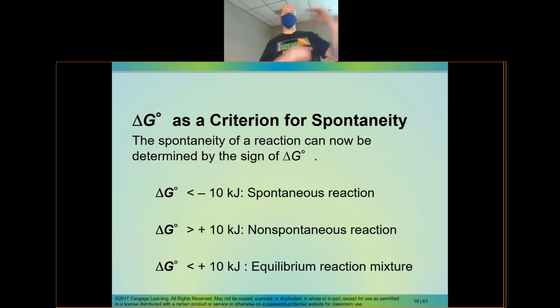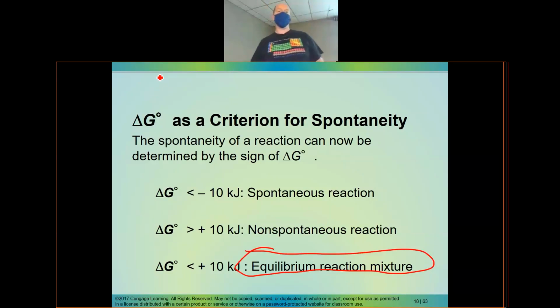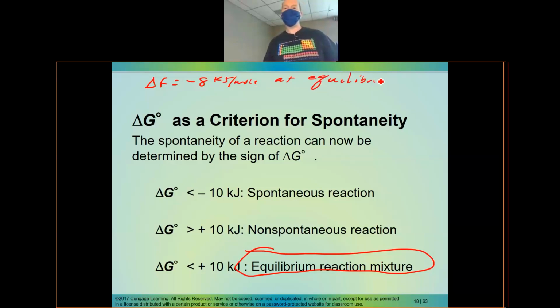If you are between the negative 10 and the positive 10, then you are in equilibrium. All right, so if you calculate a delta G and it is negative 8 kilojoules per mole, this is at equilibrium. You wouldn't call that spontaneous. You would say that's at equilibrium.